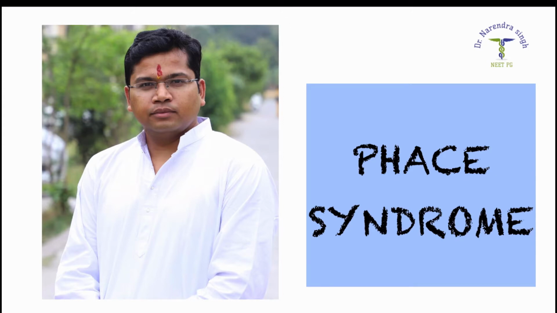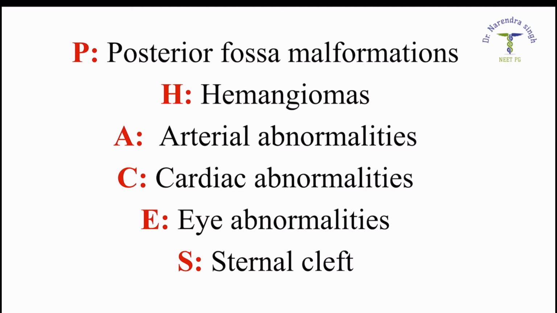Phace syndrome actually comprises 5 anomalies, and the 6th anomaly, the S part, has been added, so now it is PHACES. The P comprises posterior fossa malformation.